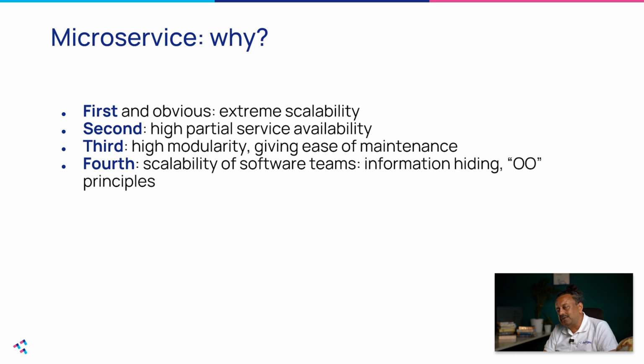If I have 10 microservices, then I can actually employ 10 teams and each team can manage its microservice. So I get more scalability of the teams and more flexibility of managing separate release cycles. So this is basically the classic model of the object-oriented software architecture.